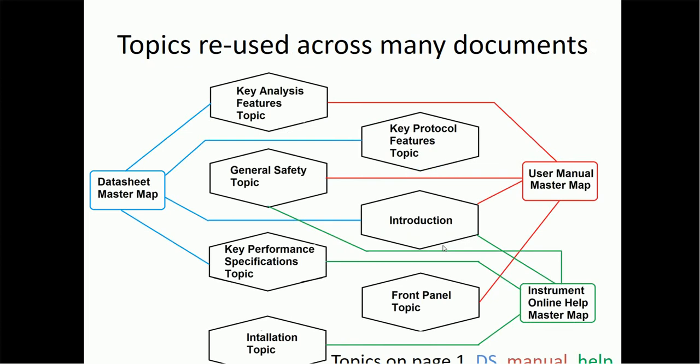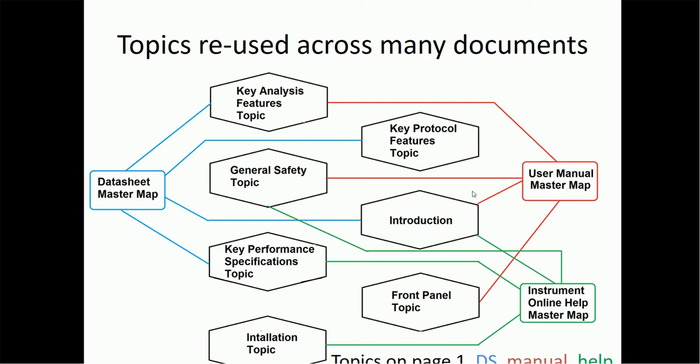So think of it in terms of, let's just say that we have 3 different documents. We're using the word document. Each of these documents reuses some of the same topics back and forth. So we have a data sheet document that calls the key analysis feature, the key protocol feature, and the introduction and the key performance.